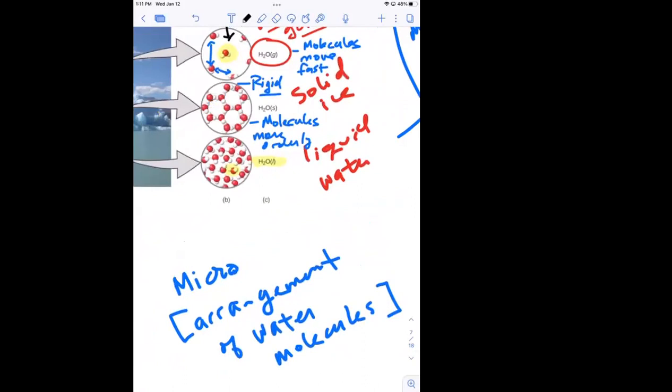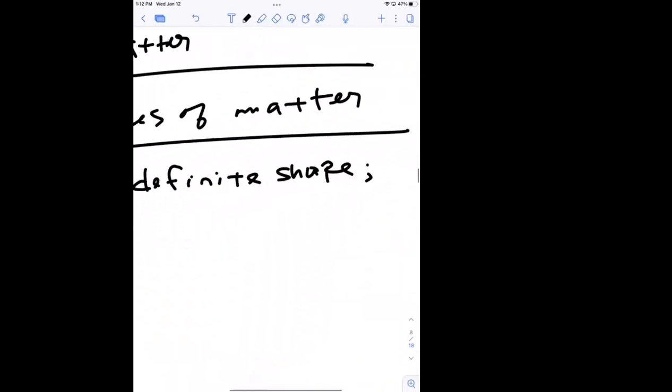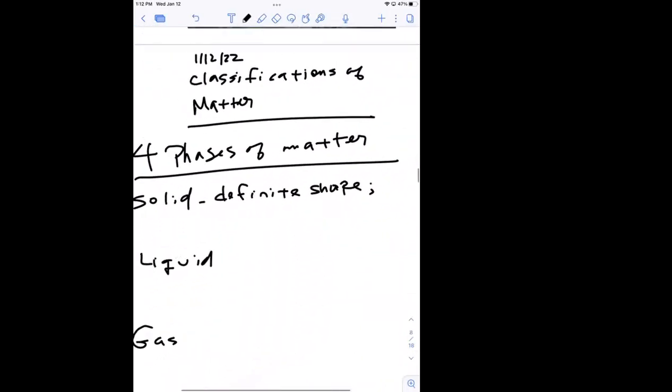That's the picture of the solid, how the water molecules are actually arranged in the solid ice. Yesterday, I'm sorry, Monday, my bad. Monday, we talked about how solids are closer together and they barely move. Excellent, excellent. So solids have a well-ordered arrangement of atoms or molecules.